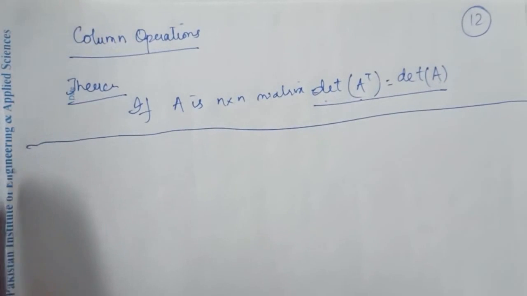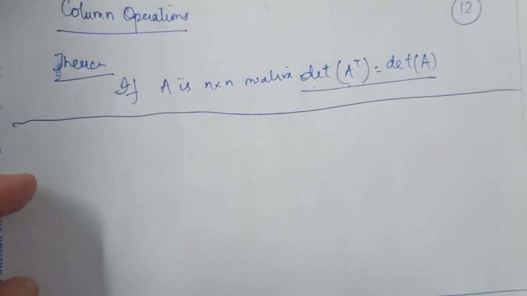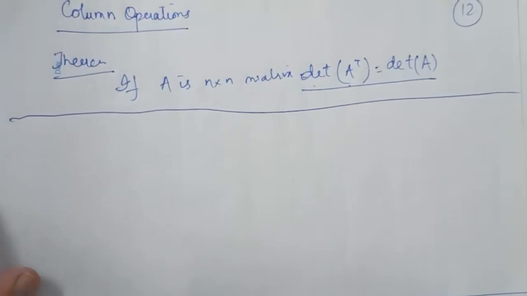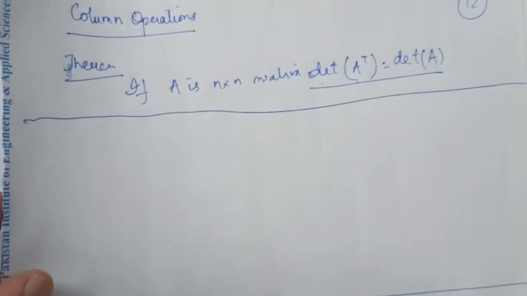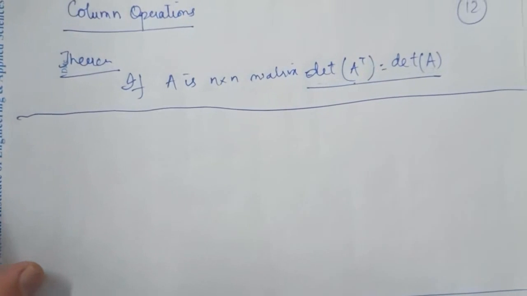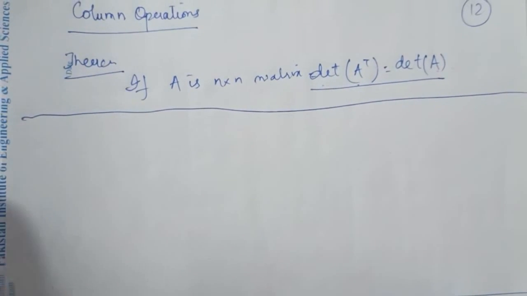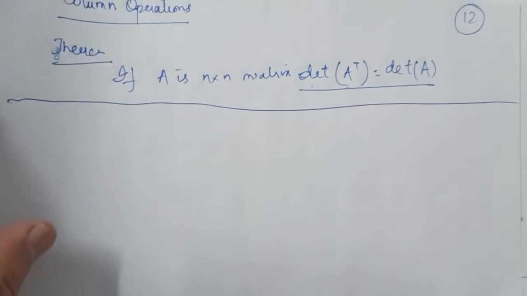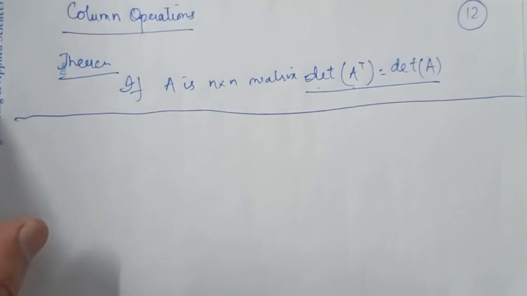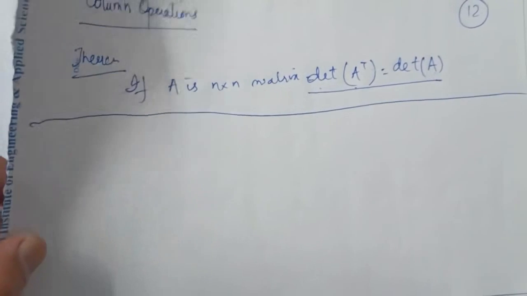Either you carry out row operations on a matrix A, or you perform column operations on matrix A, it will not change the determinant of that matrix. Okay, and the same set of properties that we discussed before are applicable to column operations as well.